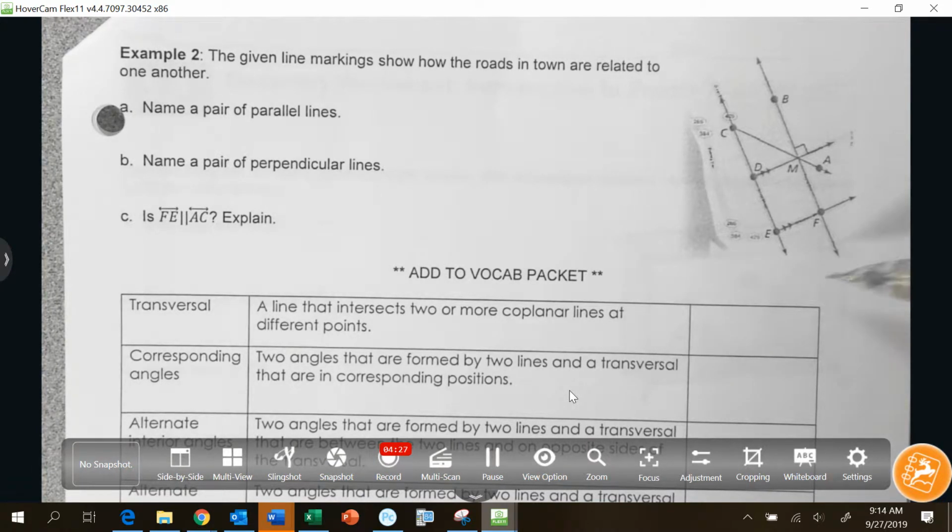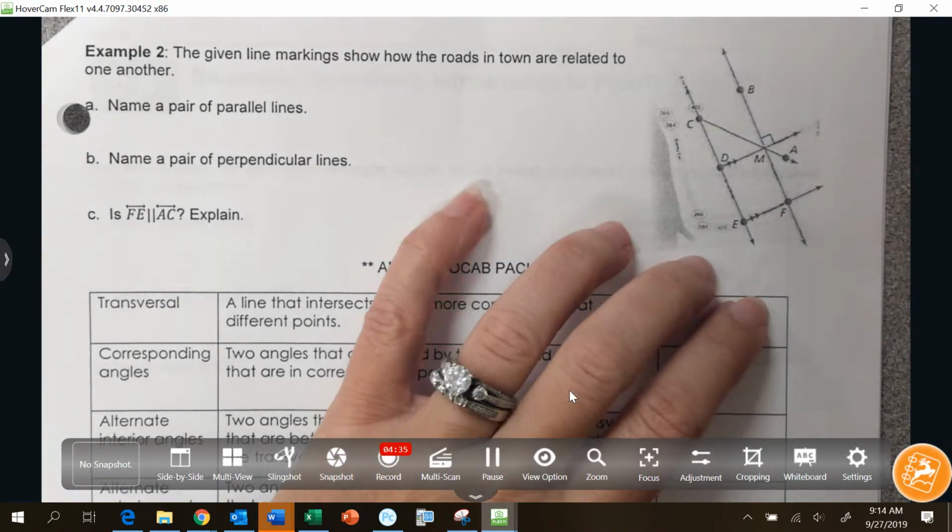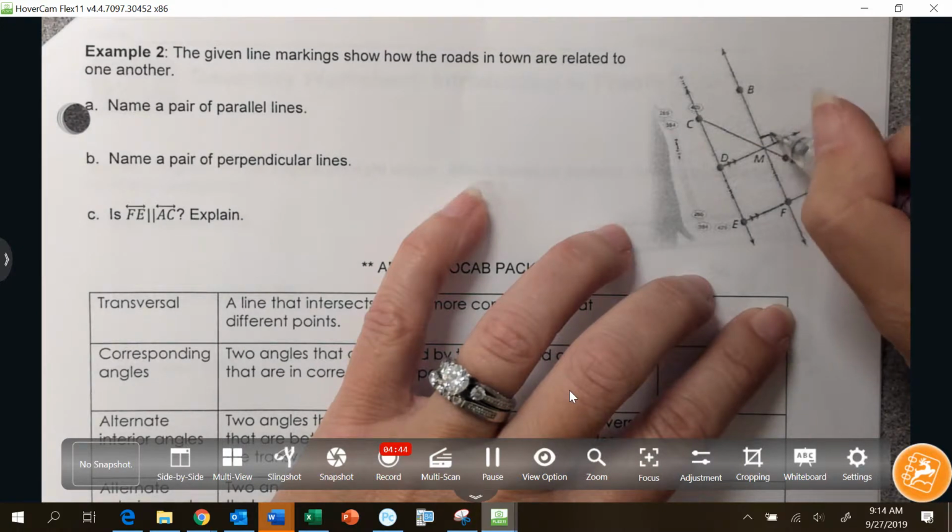Example 2 says the given line markings show how the roads in town are related to one another. So what you might notice is we see this, which means what?